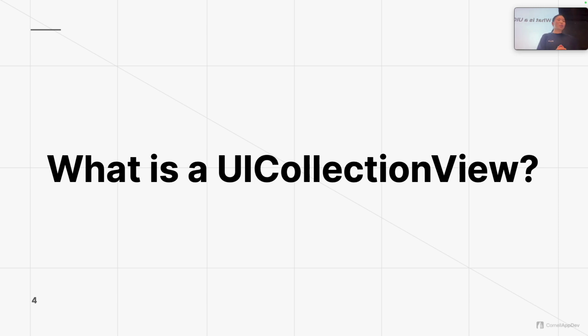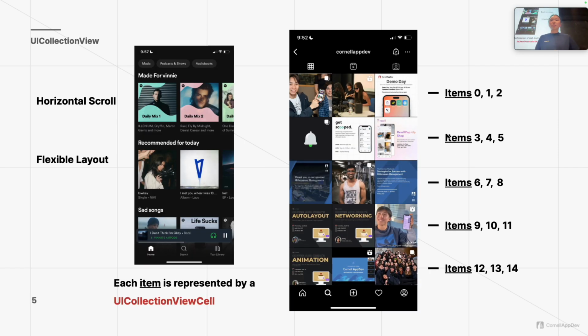This time we'll be discussing another way that we can lay out views, which is what we call using a UI collection view. To make this make more sense, we have some screenshots here of apps that follow this sort of collection view layout. The first difference that you'll notice with collection views is that they can also span in columns.